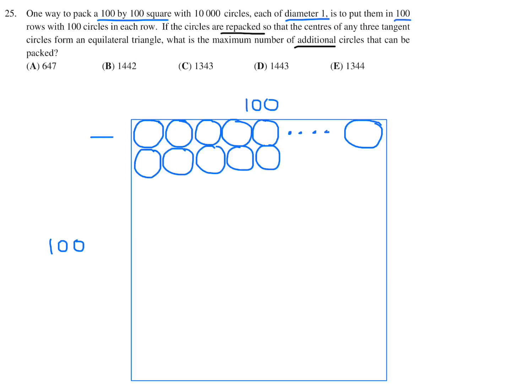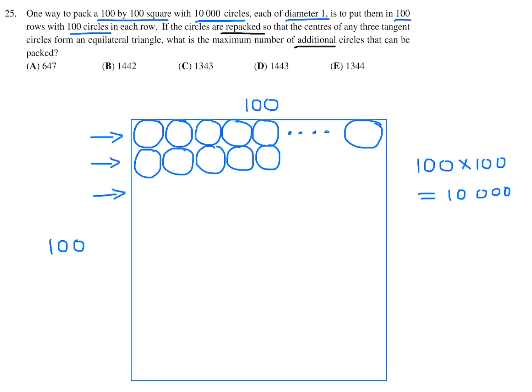And they're in 100 rows. So this is 1 row, 2 row. There's going to be 100 rows, and each row will have 100 circles. So because there's 100 rows and each row has 100 circles, you have a total of 10,000 circles. So that's the first part of the question.